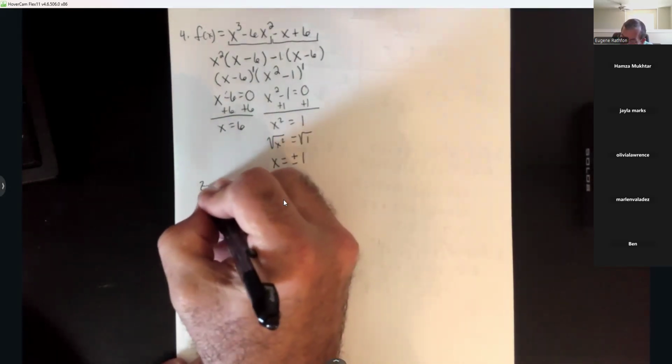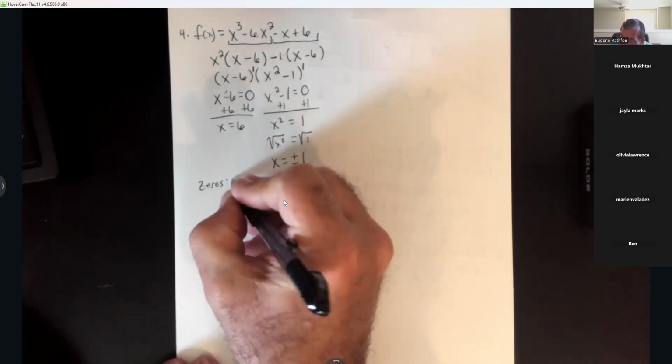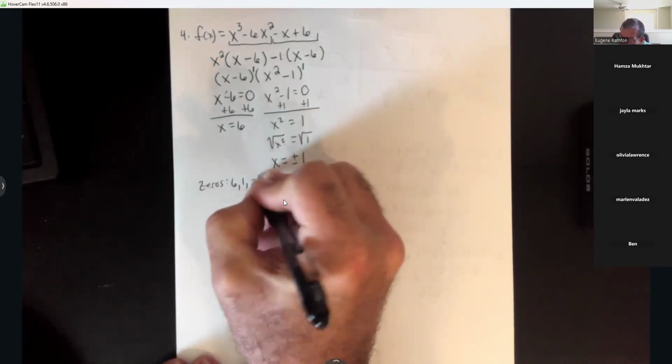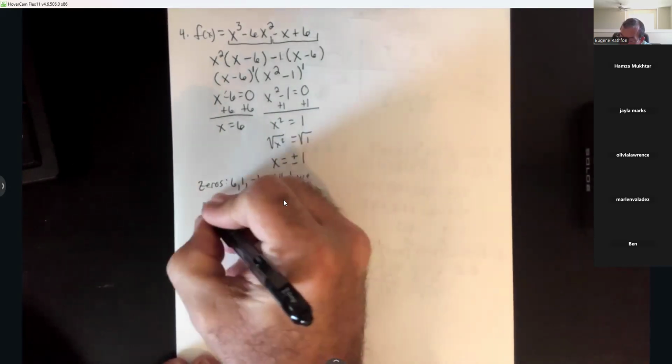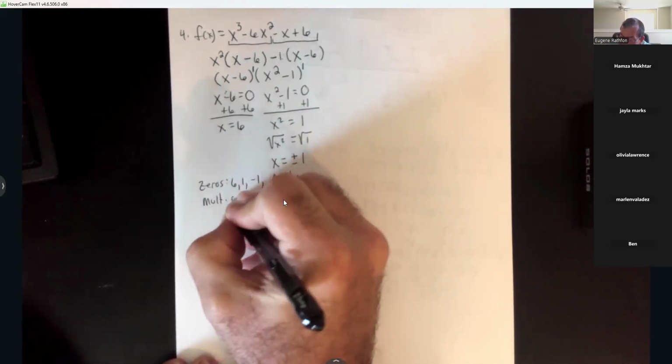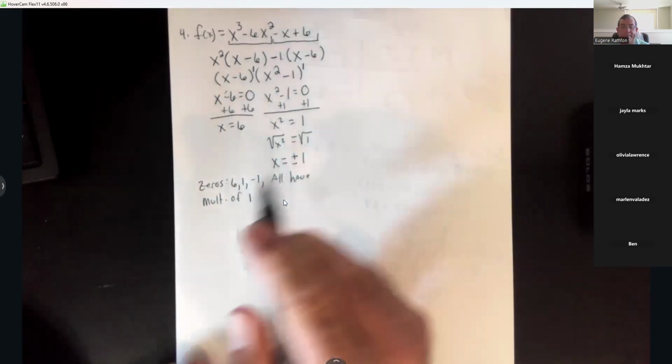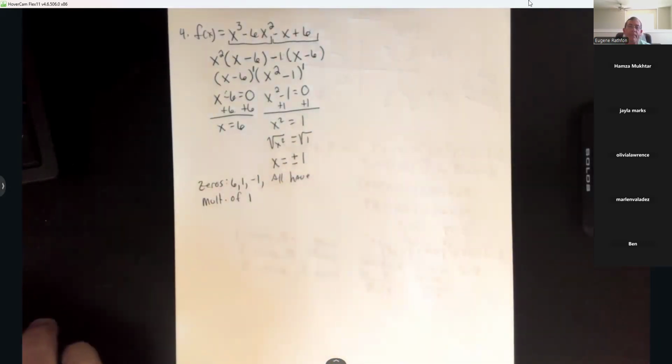So your zeros on this one are going to be 6, 1, negative 1. All have a multiplicity of 1. And y'all, I think everybody's on that one has a multiplicity of 1, okay?